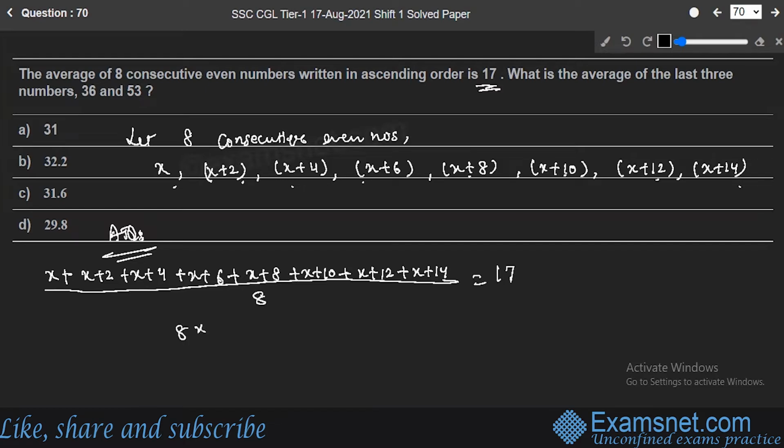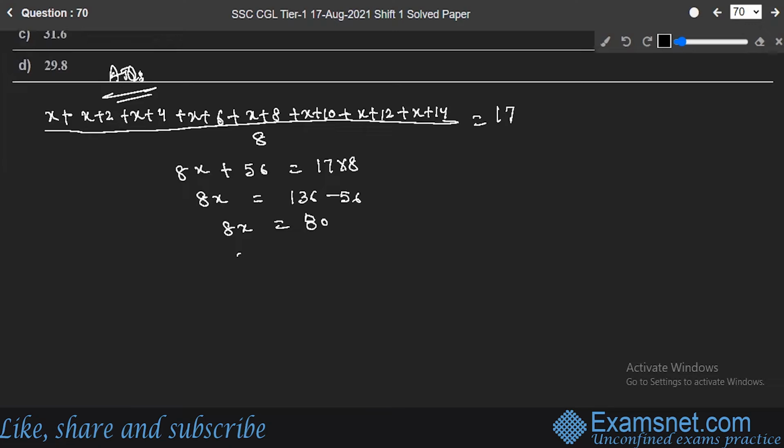This gives you 8x plus 56 is equal to 17 into 8. 8x is equal to 136 minus 56, which gives you 80, or x is equal to 10. Right? You got the value of x.